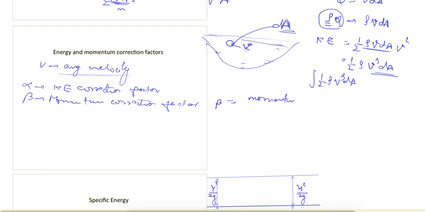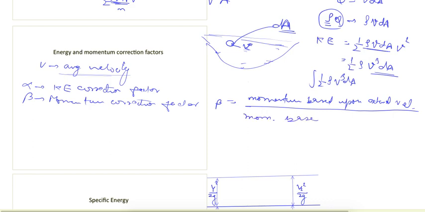Similarly, beta is defined as the momentum based upon the actual velocity divided by the momentum based upon the average velocity. Momentum is given as m into v, and the mass we found from here was rho v dA. So we can write beta as the integration of rho v dA into v.